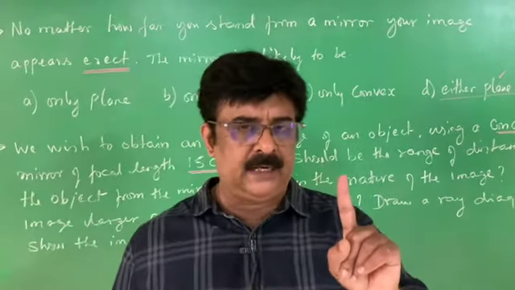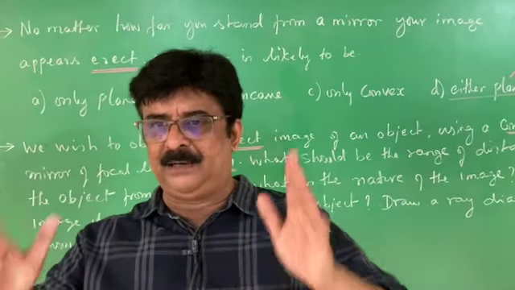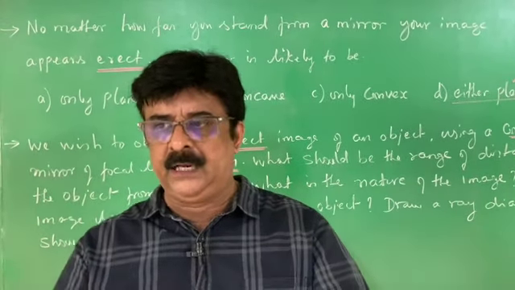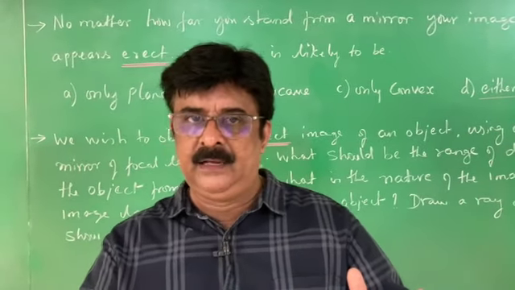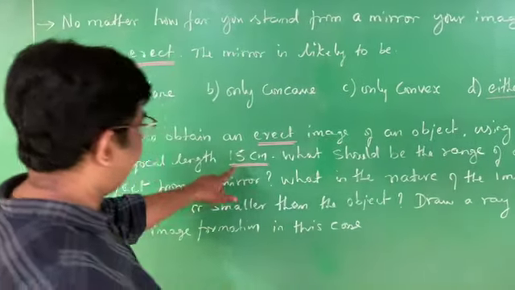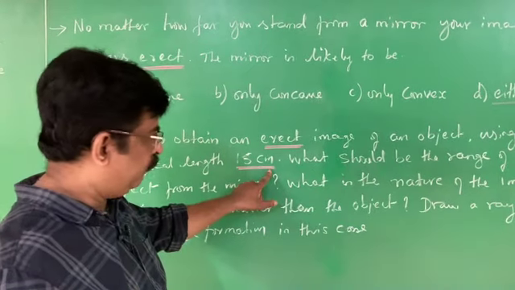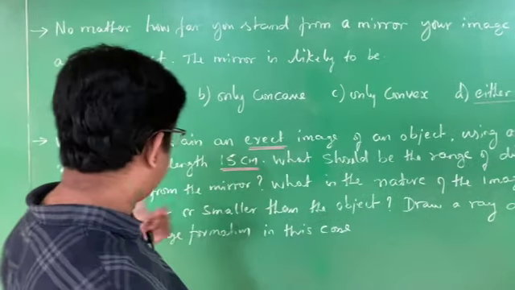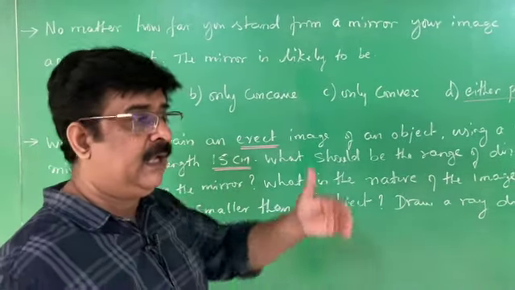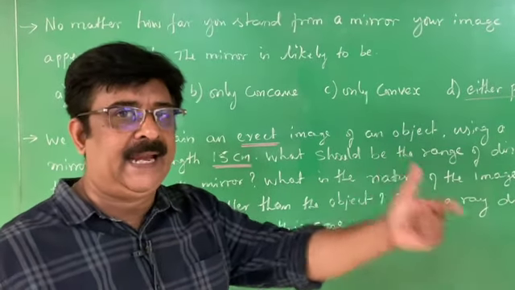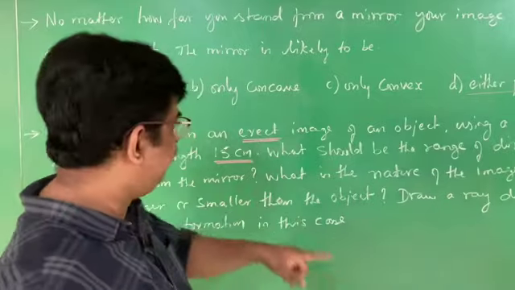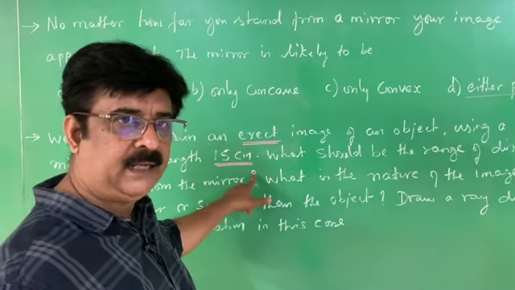We understood that concave mirror produces erect image when the object is placed between P and F. Here the focal length is 15 centimeter. Therefore, what should be the range of the distance of the object from the mirror? The object should be within 15 centimeter, between P and F. F is at a distance of 15 centimeter.